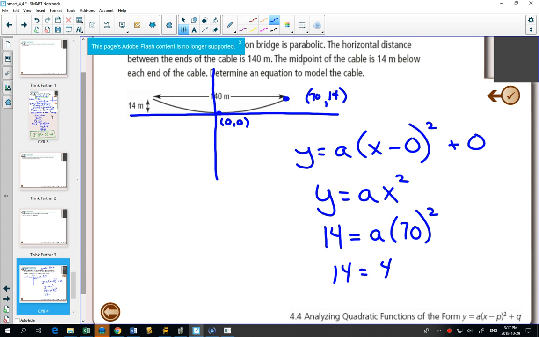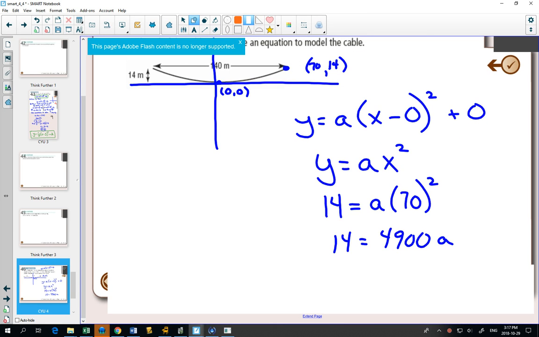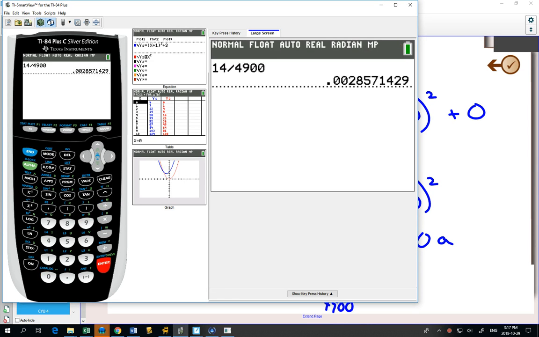70 squared is 4,900A. How would you solve for A? Divide both sides by 4,900. If I type that into my calculator, 14 divided by 4,900 is 0.00286.